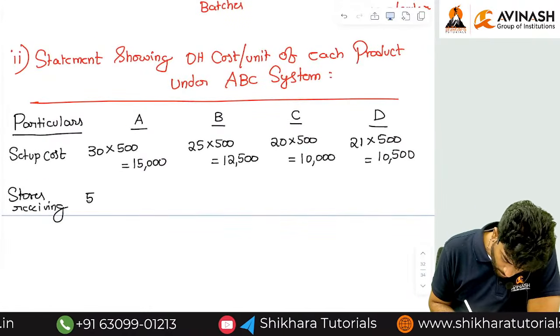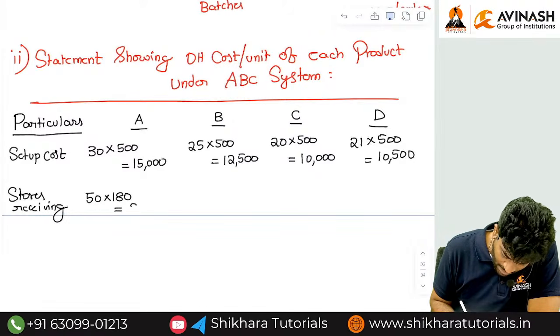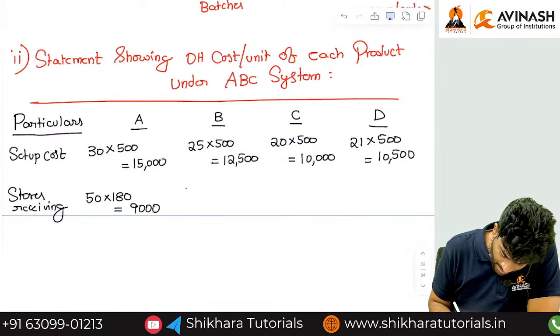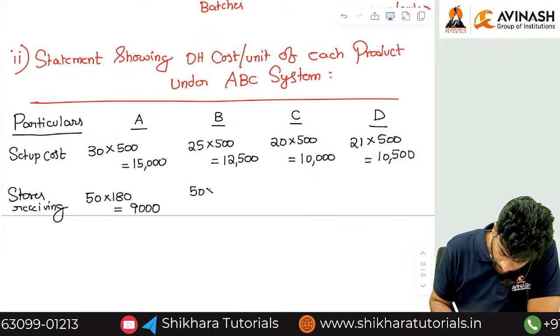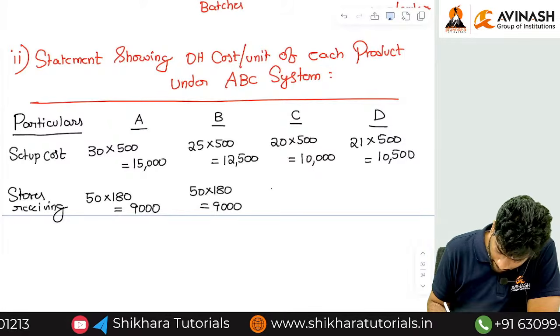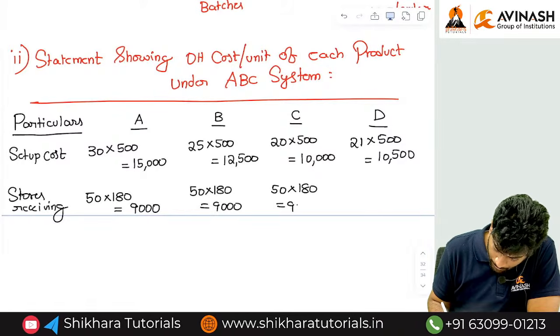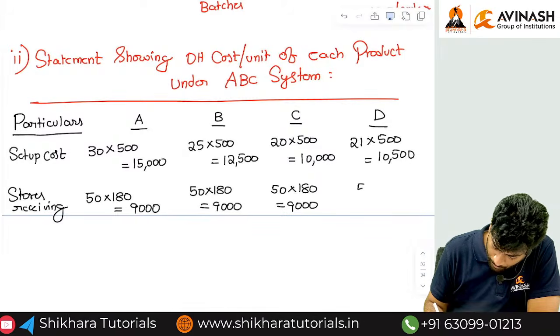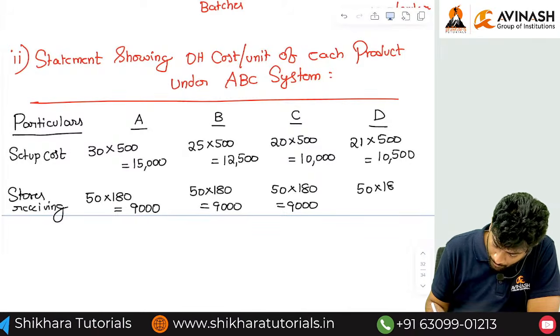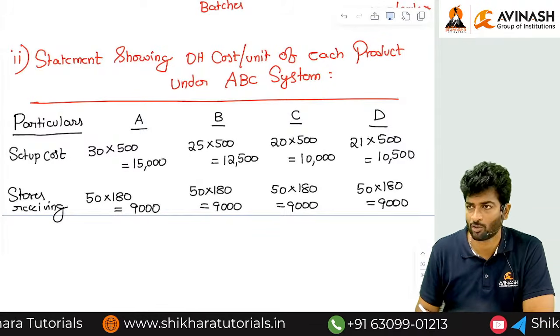So 3 into 180 is 9,000. I think 9,000 in every column, right? Thousand is our cost.